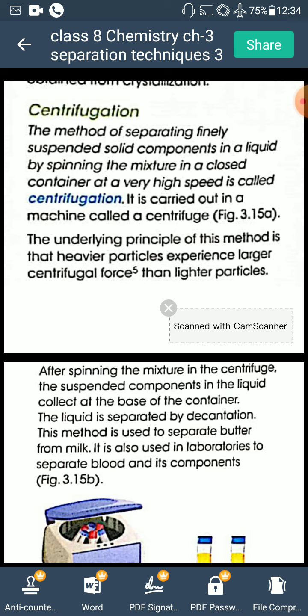It is carried out in a machine which is called a centrifuge.